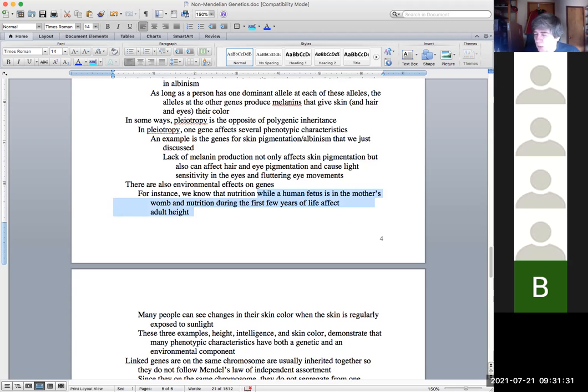We think of bone as being mostly calcium, but actually bone is mostly a protein called collagen. So if you don't get enough protein while you're a fetus or while you're a small baby, you won't reach your utmost potential for height. And that's true even if you get more protein later in life, because this is something that's time sensitive.